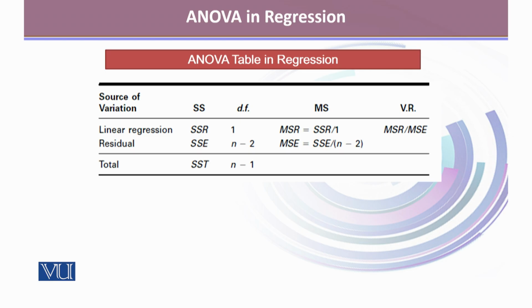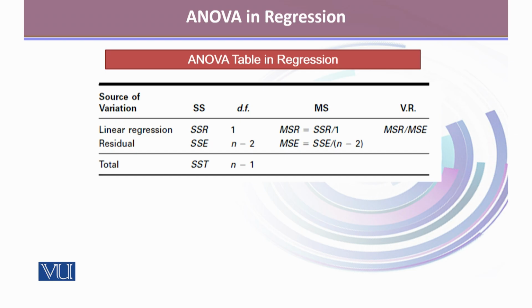Every source of variation has its own degrees of freedom, and since we are talking about the simple linear regression model here, our degrees of freedom are 1 for the regression, n-1 for the total, and n-2 for the residual, where n is the overall number of observations in the data. One also gets the mean square of regression, which is MSR, and the mean square error, which is MSE.